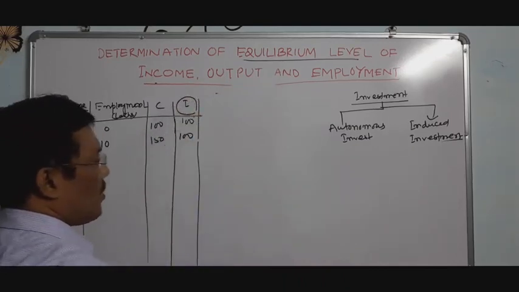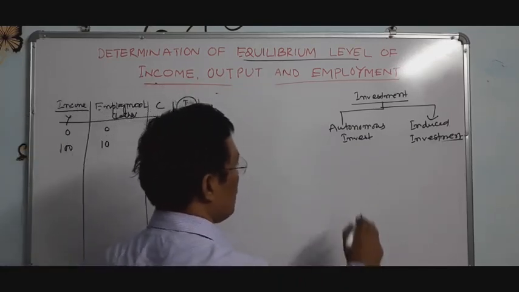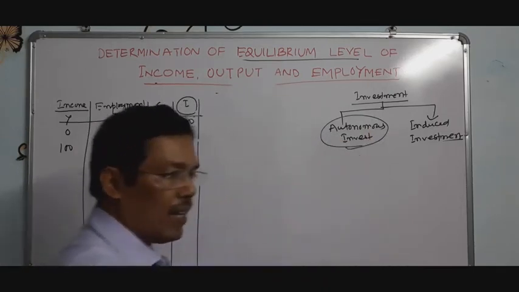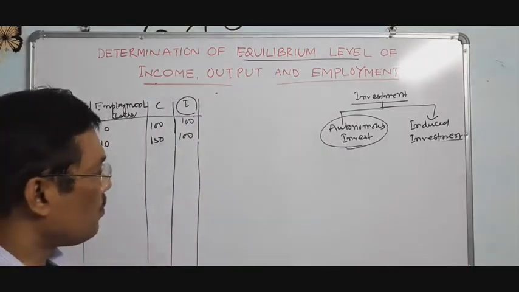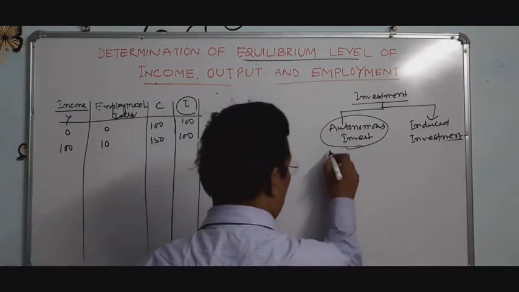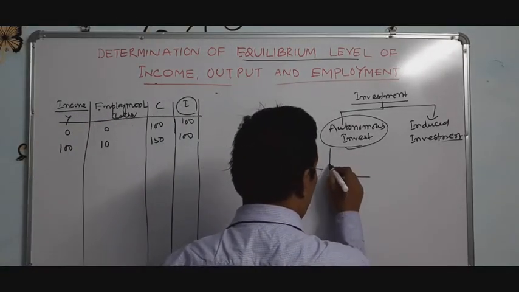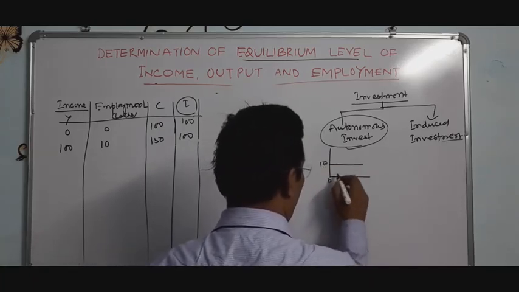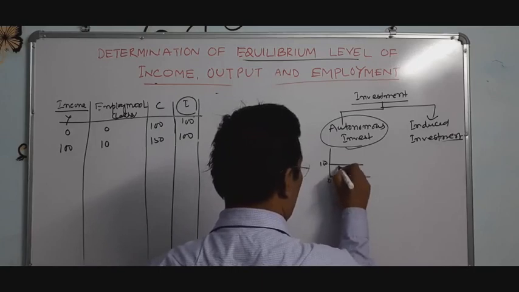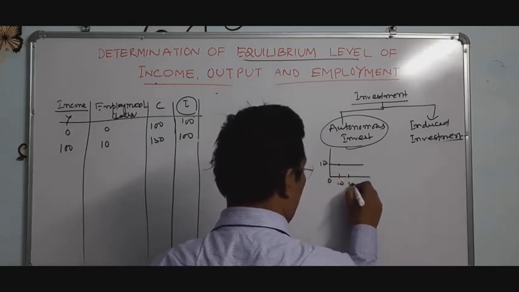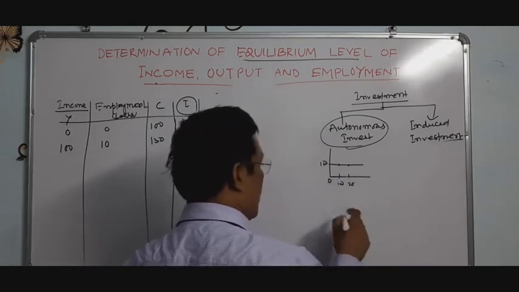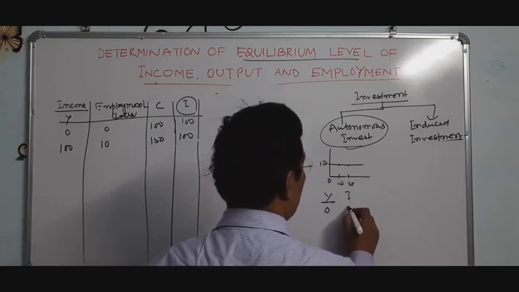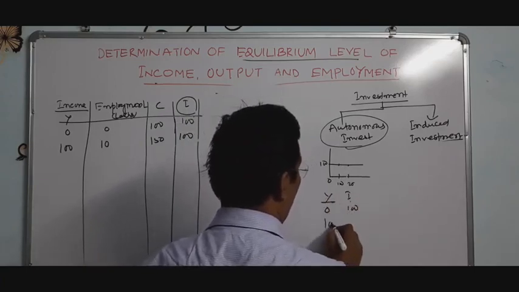Autonomous investment means the investment will remain the same, whatever may be the level of income. The autonomous investment curve will be like this: at zero income, 100 crores of rupees; at 100 income, 100 crores; at 200 income, 100 crores; at 300, 100 crores; at 400, 100 crores.